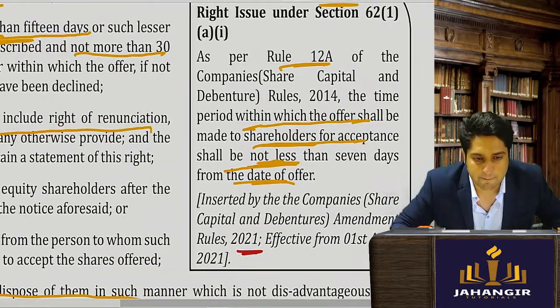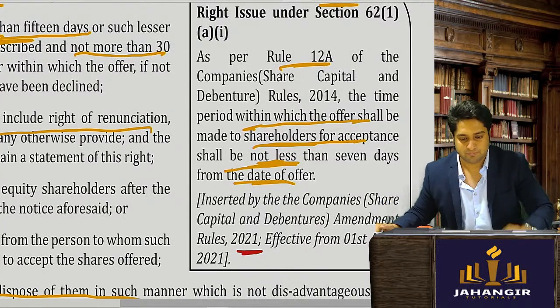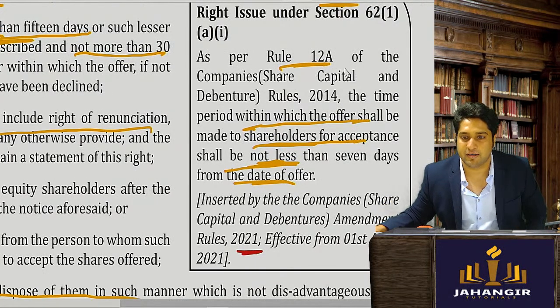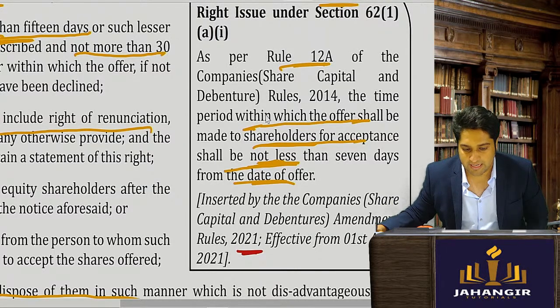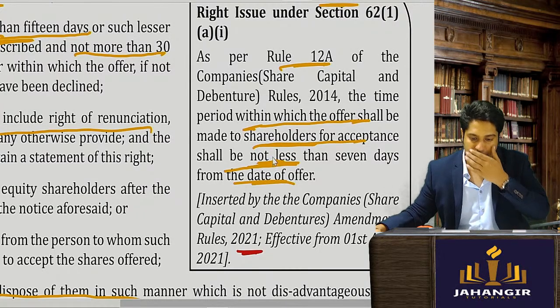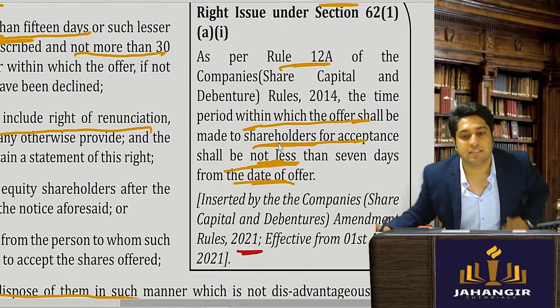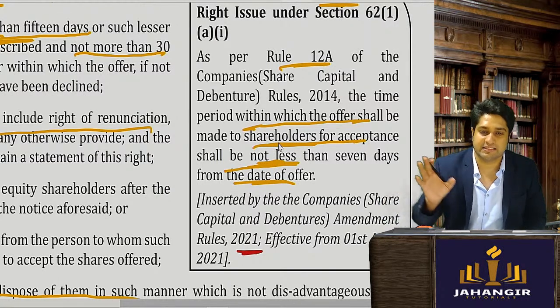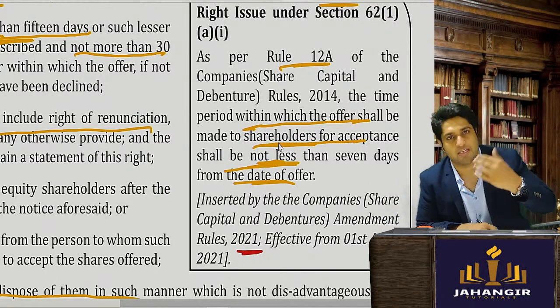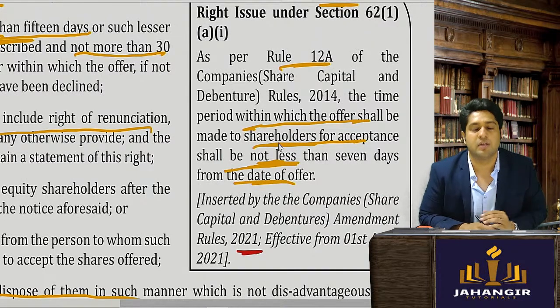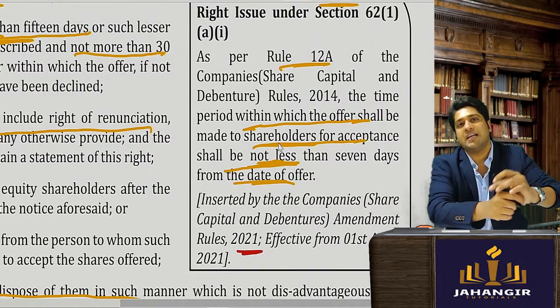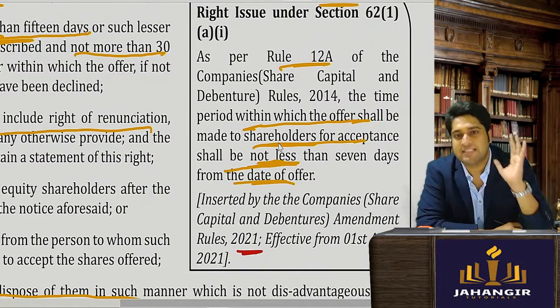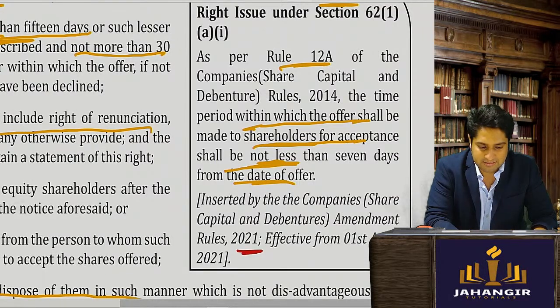It states that as per rule 21A, the time period within which the offer that we give to the shareholders shall be made for acceptance shall not be less than 7 days from the date of offer. So for example, if I give an offer to you and I say that you can accept this offer, it shall not be less than 7 days.